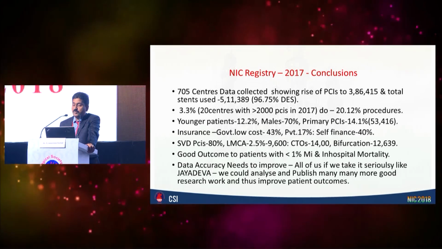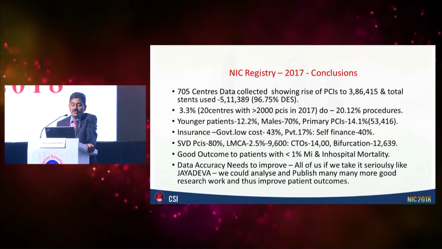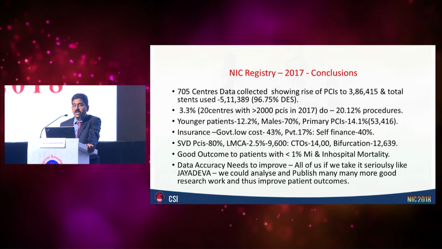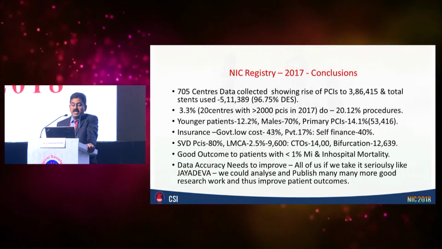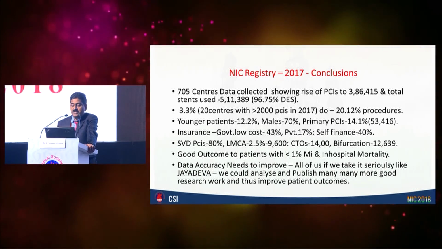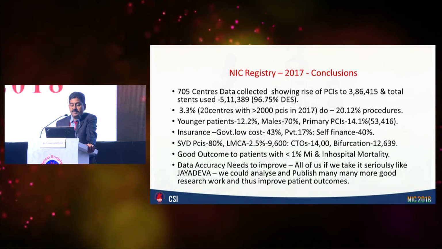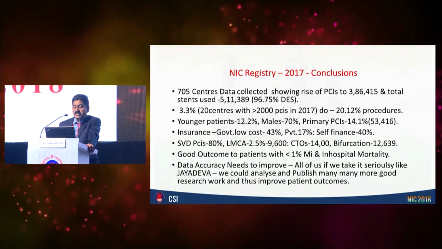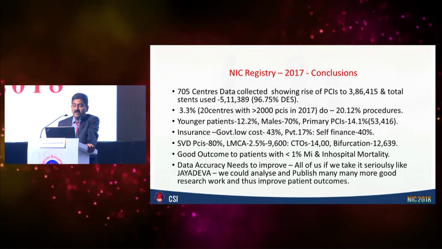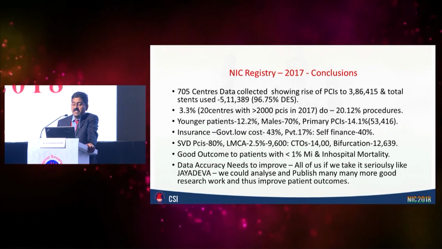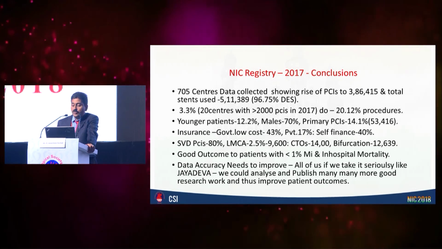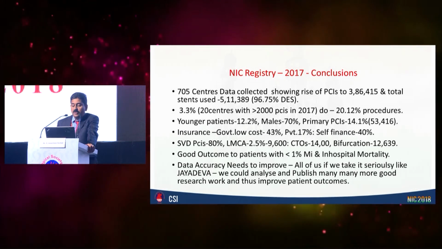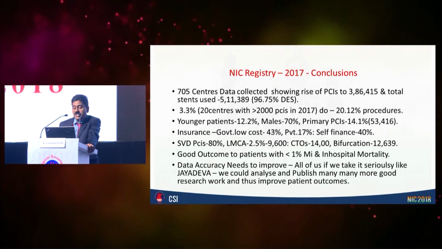Primary PCIs contribute about 50,000 plus. Low-cost insurance schemes, which could increase further with the Modi scheme coming up, cover about 43%. Private insurance is about 17%. Self-financing is 40%. Disease is predominantly single-vessel. A doubled number of left main interventions are noted, and a significant number of CTOs, about 14,000, with good outcomes and less than 1% mortality reported.